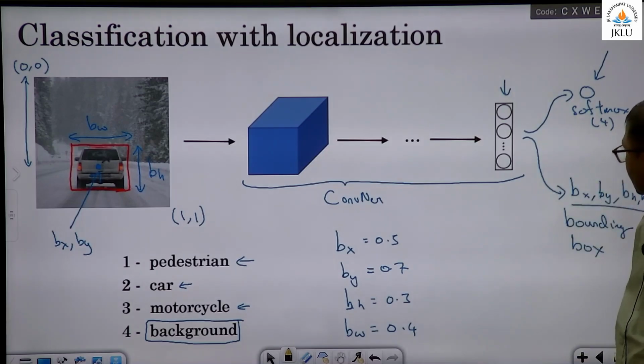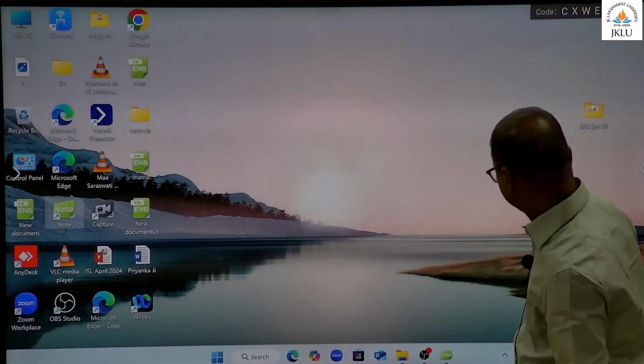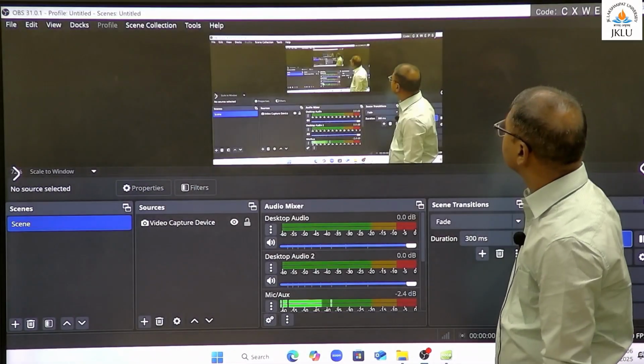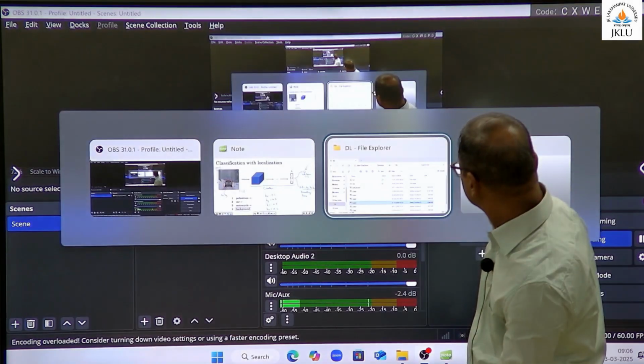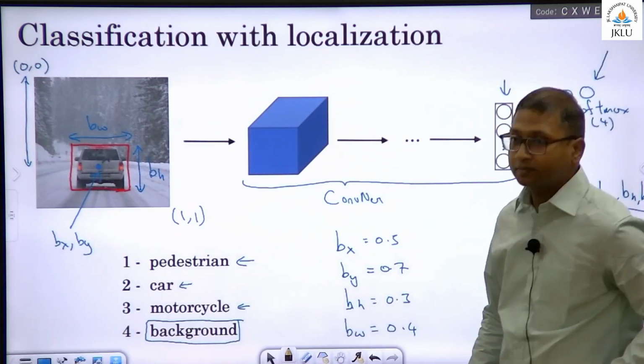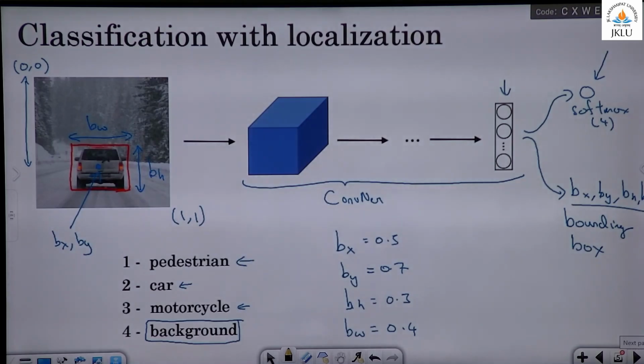So how are you going to do this? How are you going to do classification with localization? Have a look at this figure and help me out. Are you doing just classification?